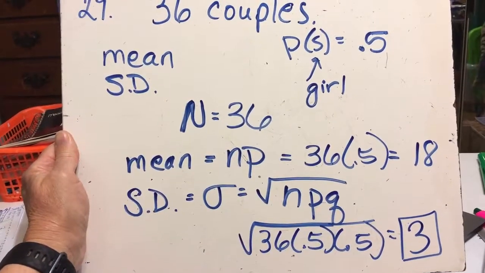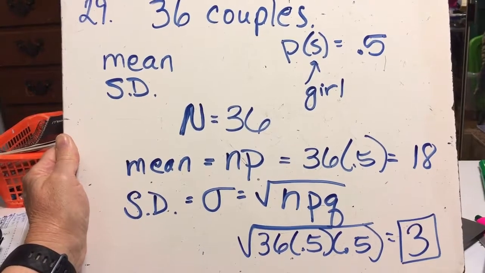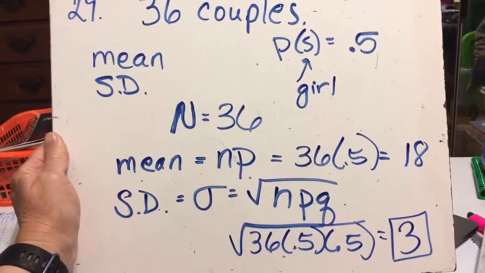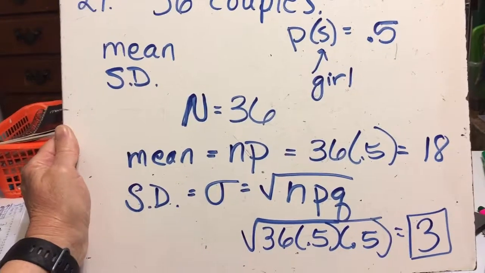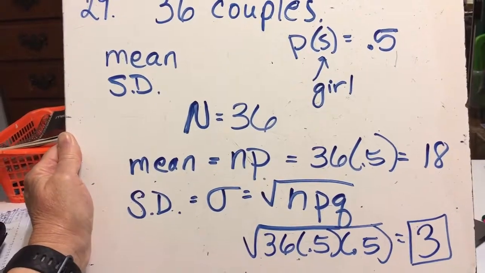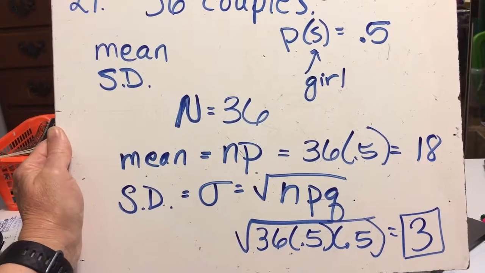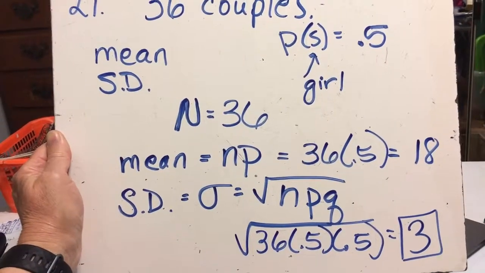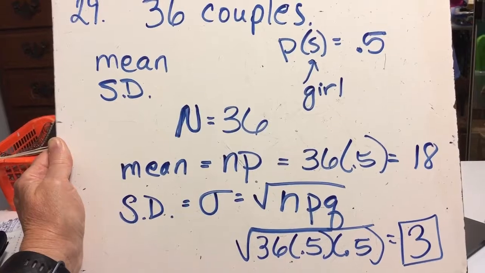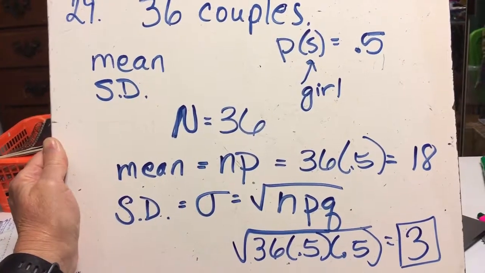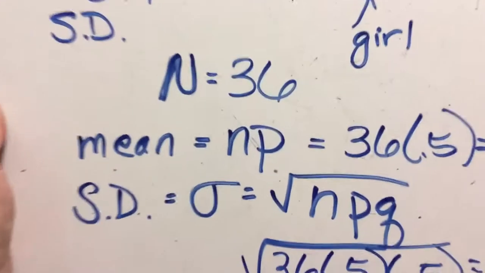So the probability of success is the probability of having a girl. And since they're assuming that the method has no effect, we're going to say 0.5 is the probability of getting a girl. In other words, it's equally likely, boy or girl. So n is 36.